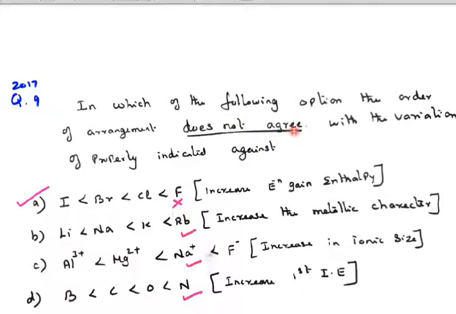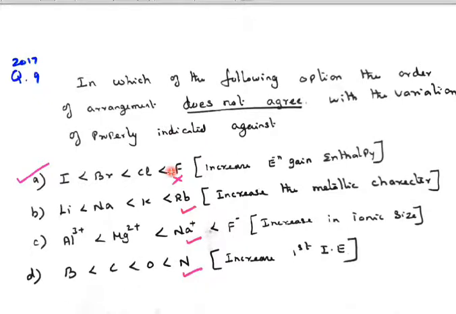2017: in which of the following options does the order of arrangement not agree with the variation properly indicated against it? Here, fluorine is greater than chlorine is greater than bromine is greater than iodine, in increasing electron gain enthalpy. It is wrong, because chlorine should come first and fluorine should go there.